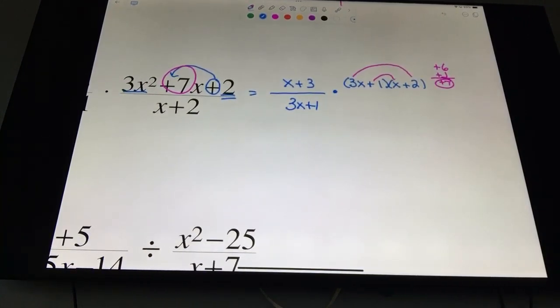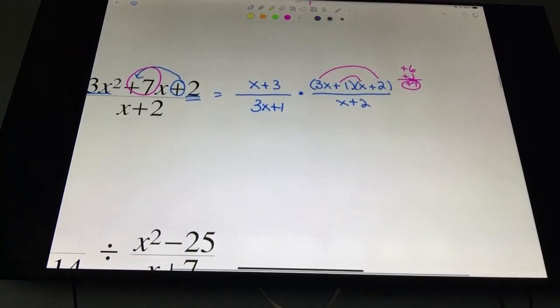And then x plus 2 on the bottom. Does x plus 2 have a common factor? No. Is x plus 2 a difference of squares? No. It's got to have a power to be a square. And so then we go to cancel. Those are alike.